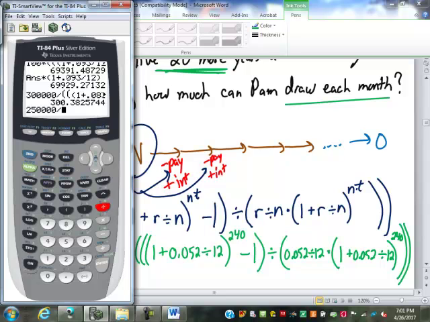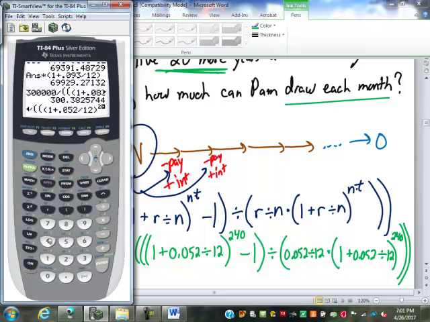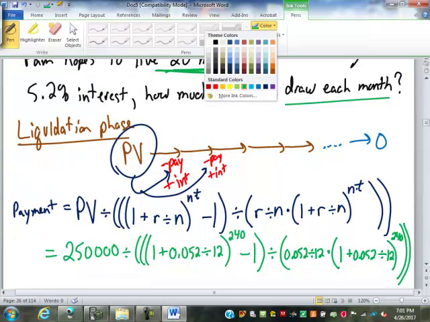Oops, we divided by 3, right? The answer is $1,677.64. Yep.